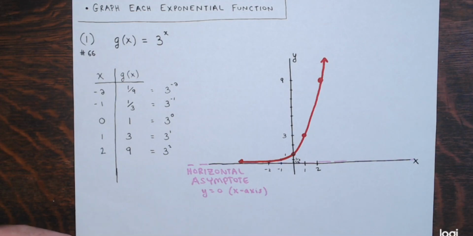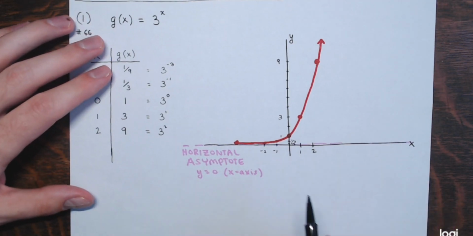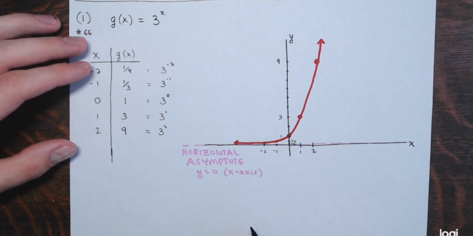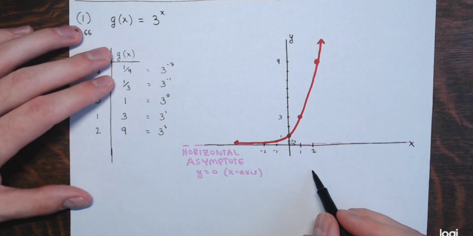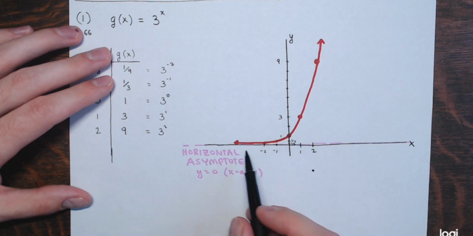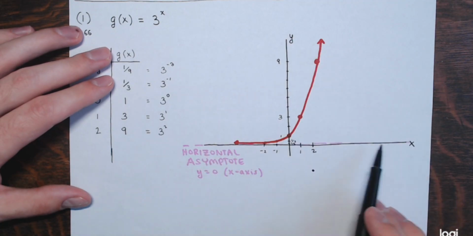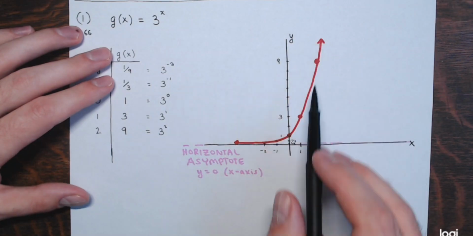Okay, and there we go. There's the graph of this function. Now I'm going to point out a few things. One of the things I just pointed out was we have a horizontal asymptote. Some other things about this function: as x increases, y increases all the time.